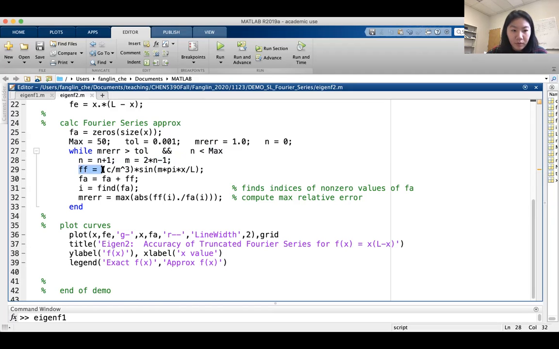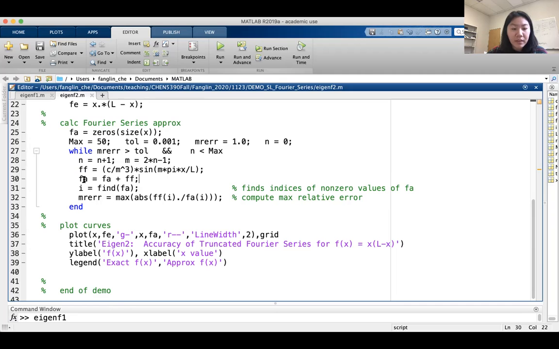And we can write the term, the Fourier series expansion for that term, which is the coefficient divided by m cubed times sine(m pi x over L). That is what we derived from the analytical solution.